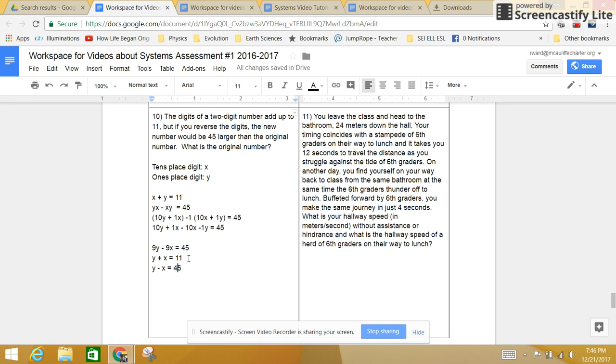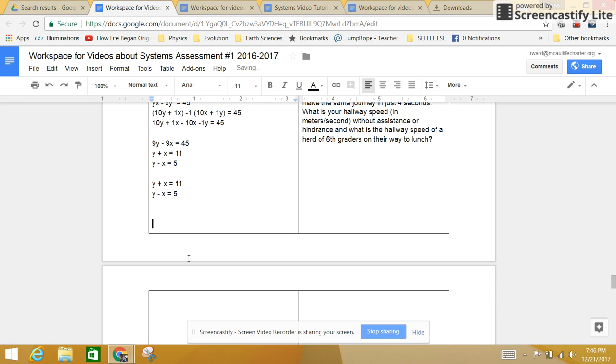If I factor 9 out of 45, it's just 5. Now I have these two equations. Here, I'm just separating them so it's clear that that's what I'm working with.